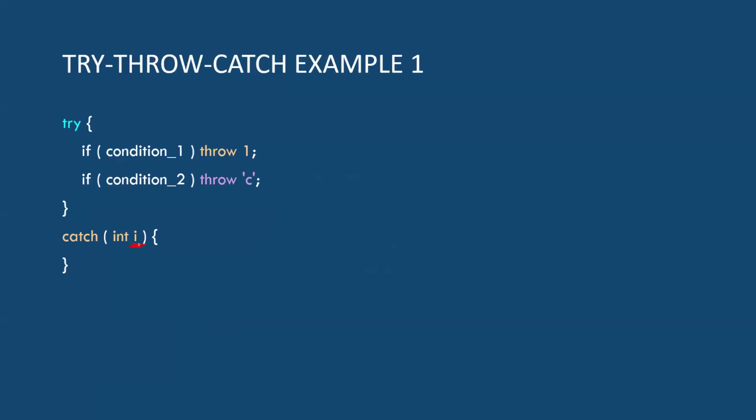So if I want, I can do something about it. I can say, hey, I caught a value of i, and that might give us some information about what was the problem in our code. Here, I did not name the character. I just caught it. So there's not much I can really do other than recover. But I will continue with the program because I caught those exceptions. So we won't crash in that case.